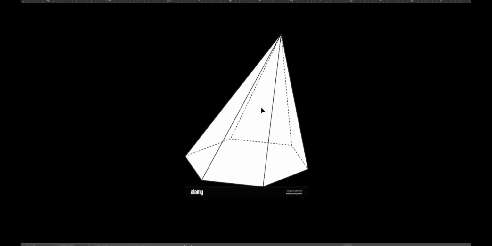This stuff we did the other day in class, but let's do this one. All right, what's this thing? Well, first of all, there's straight sides, so it's not a cone, is it? A cone is just curved, right?